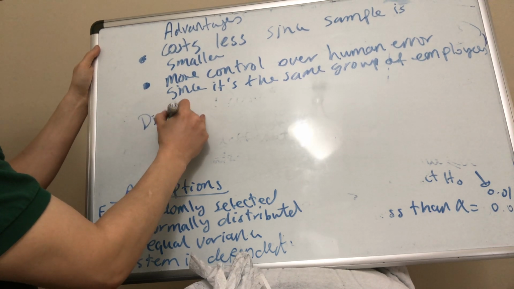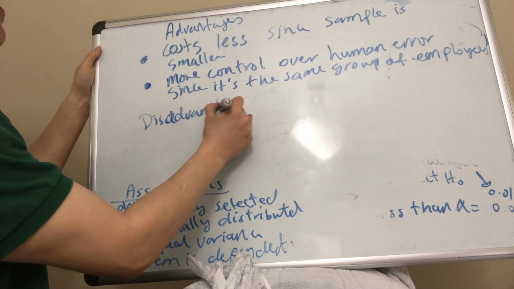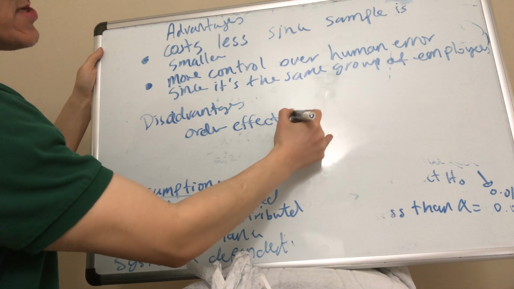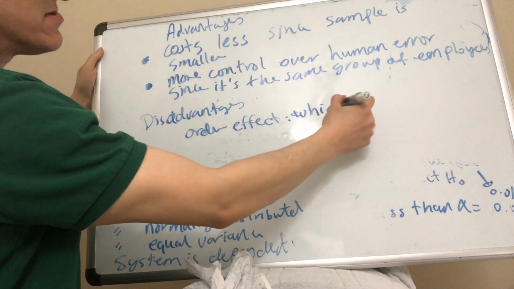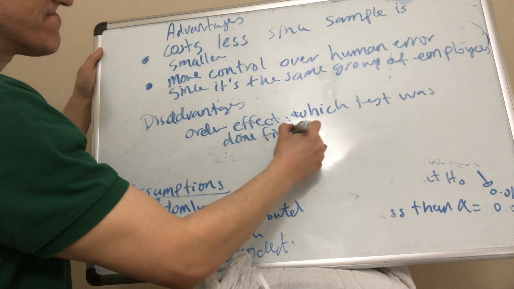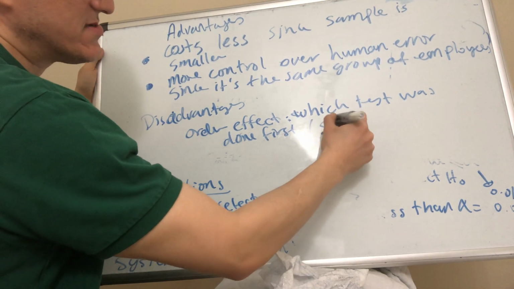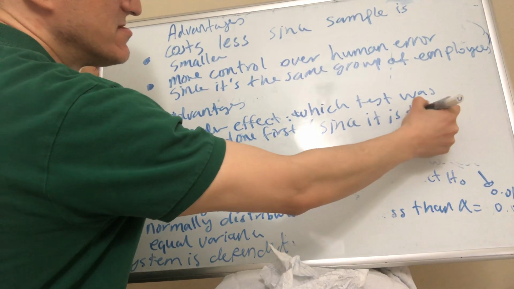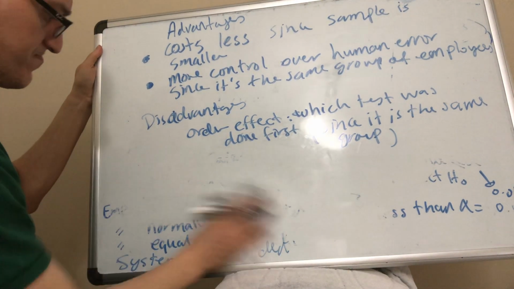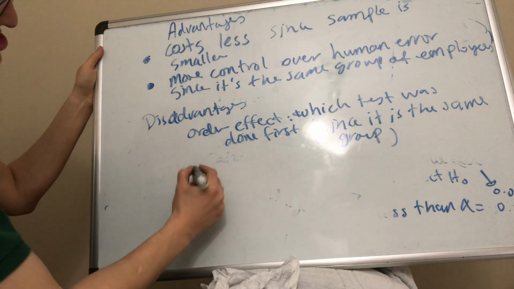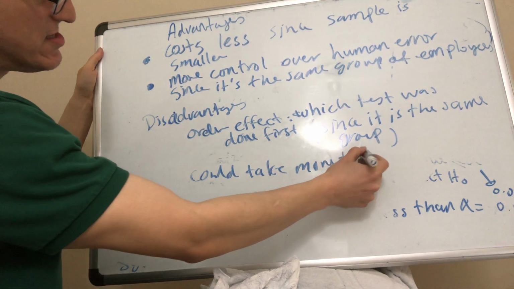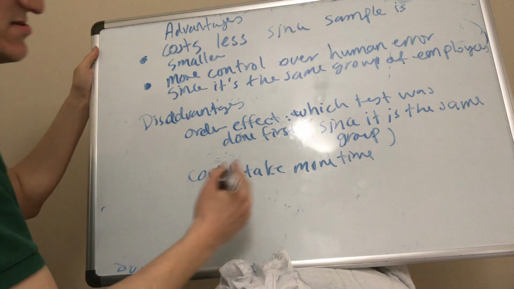Disadvantage, the order effect. Which test was done first? Which test was done first? Again, since it's the same group, it could take more time than an independent system.